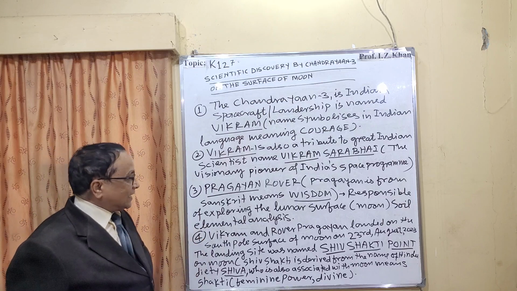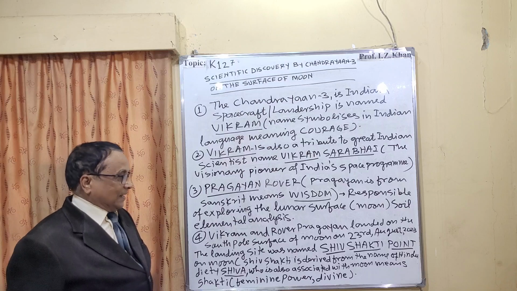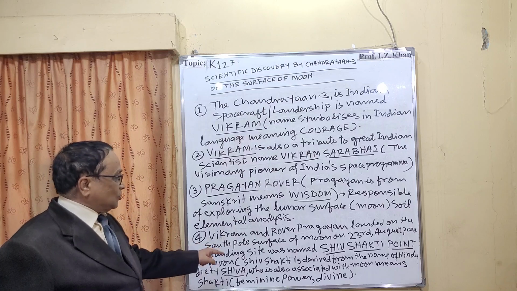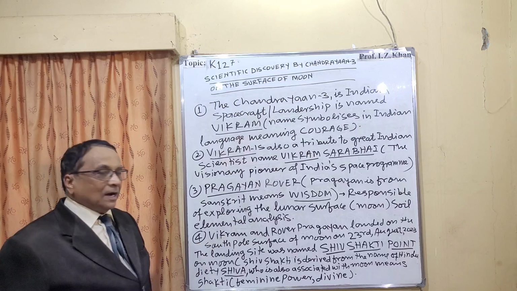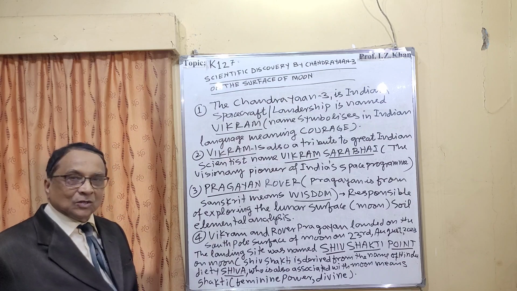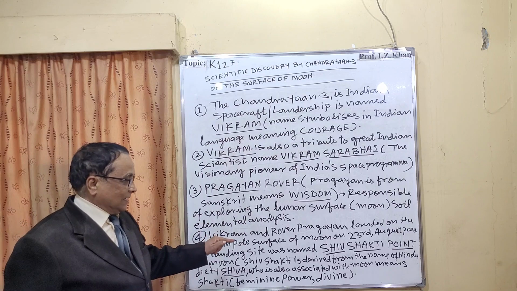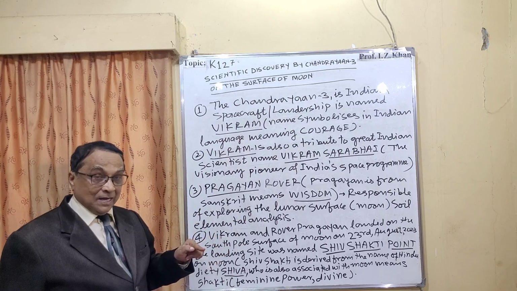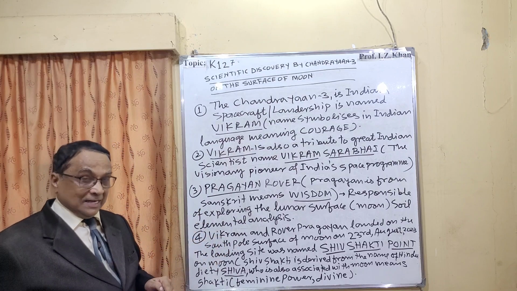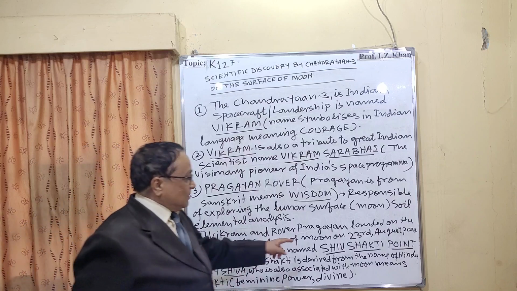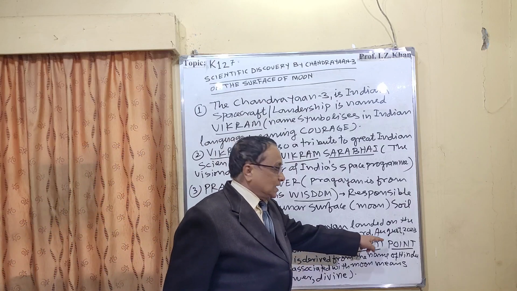Number 4, Vikram and rover Pragyan landed on the south pole surface of the moon on 23rd August 2023, and the landing site was named immediately by Indian scientists and Indian leadership. The name given is Shiv Shakti Point.